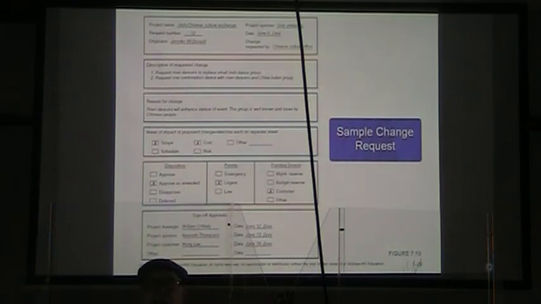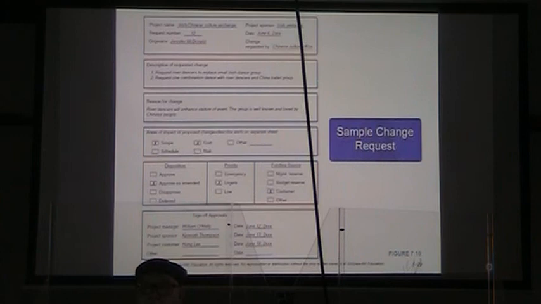So the description of the requested change: river dancers to replace the small Irish dance group. Request one combination dance with river dancers and the China ballet group. The reason for the change: river dancers will enhance the stature of the event.